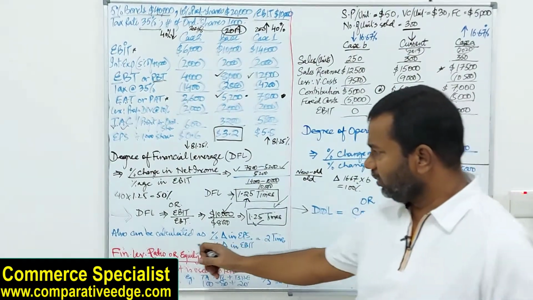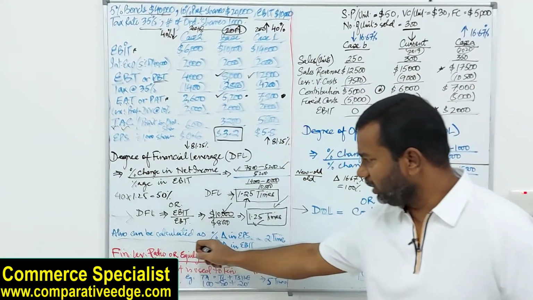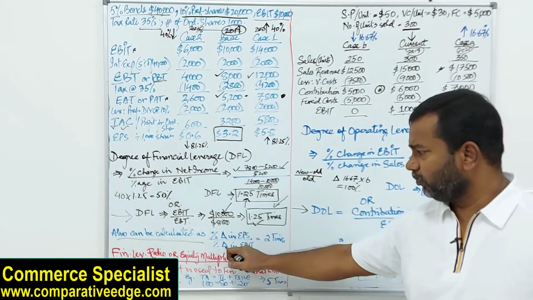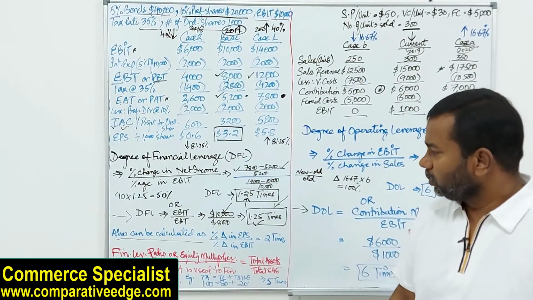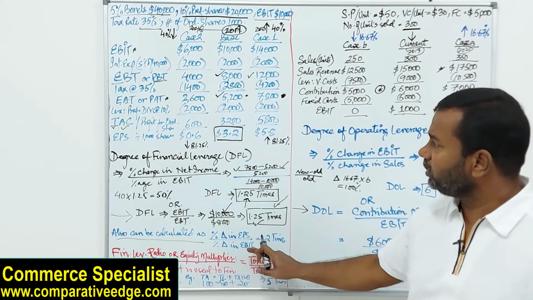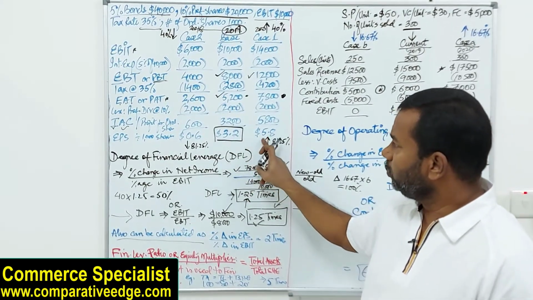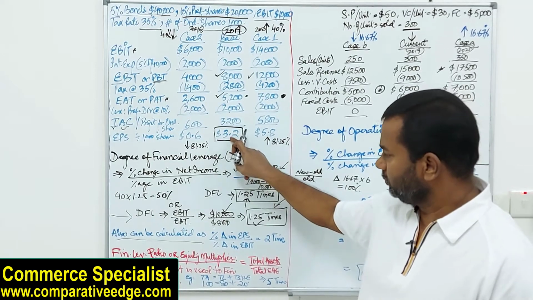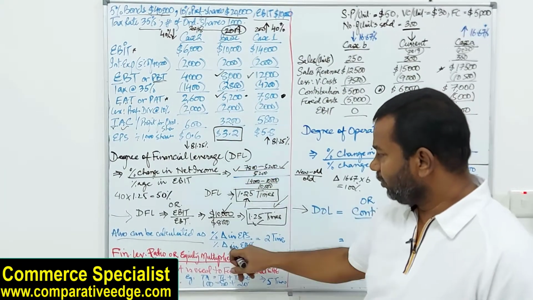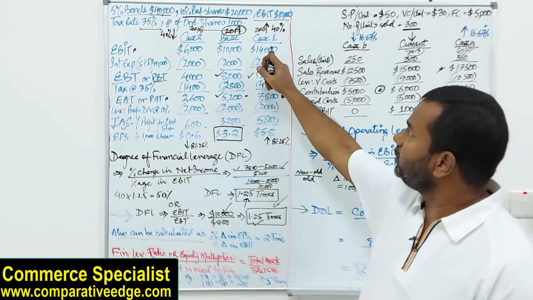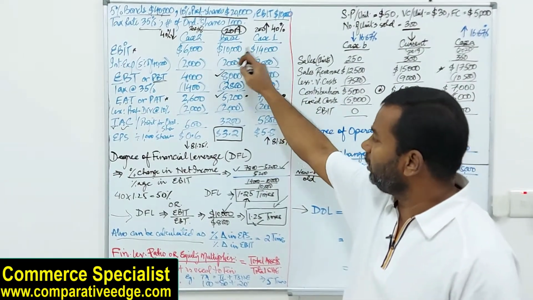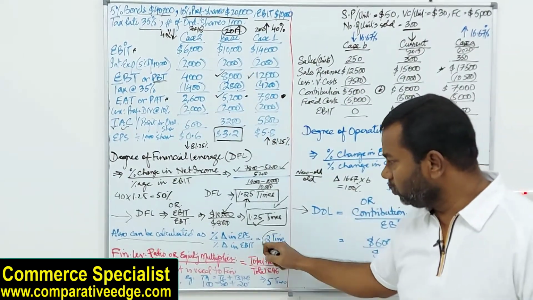So the formula I've written here can also be calculated as percentage change in EPS upon percentage change in EBIT. So if you calculate the percentage change in EPS, see this is the new EPS, this is the old, new minus old divided by old, divided by percentage change in EBIT, new minus old divided by old. When you solve all this, you get 2 times.